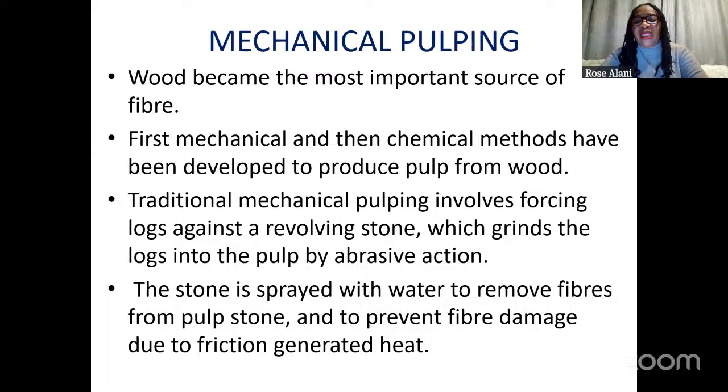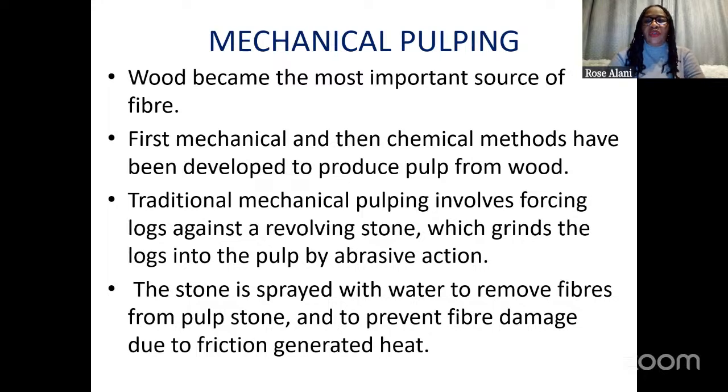Traditional mechanical pulping involves forcing logs against a revolving stone. Logs of wood are forced against a revolving stone, and this helps to grind the logs into pulp by the abrasive action. Then the stone is sprayed with water to remove the fibers from the stone and also to prevent the fibers from being damaged due to the friction during the process.